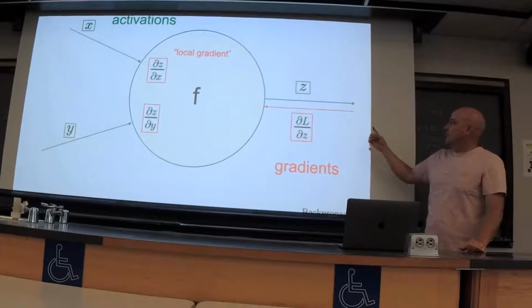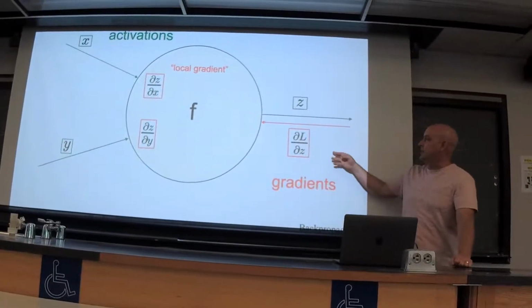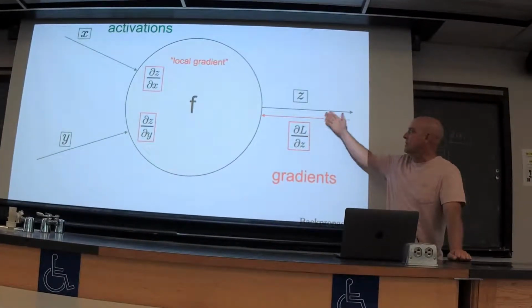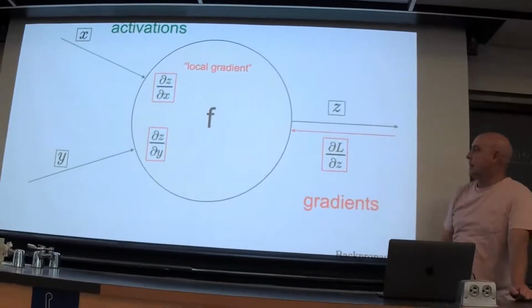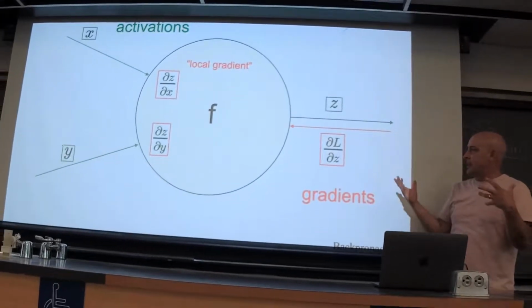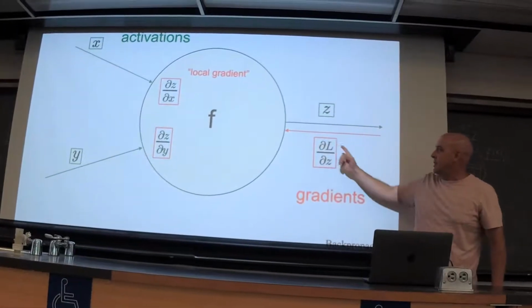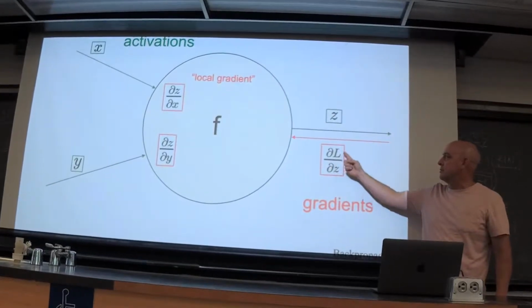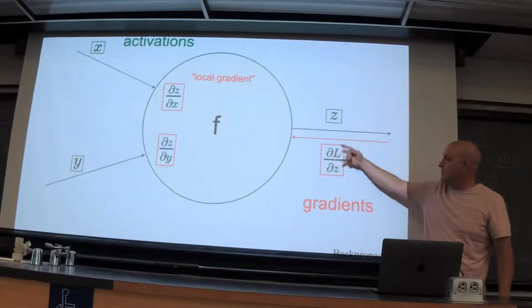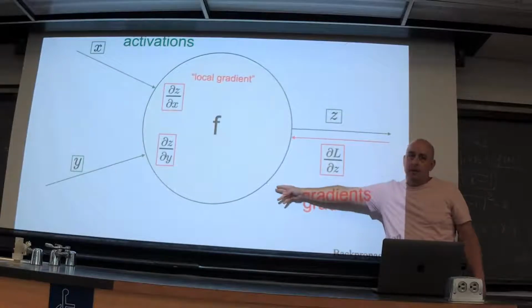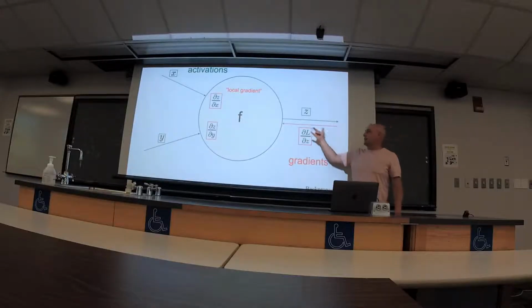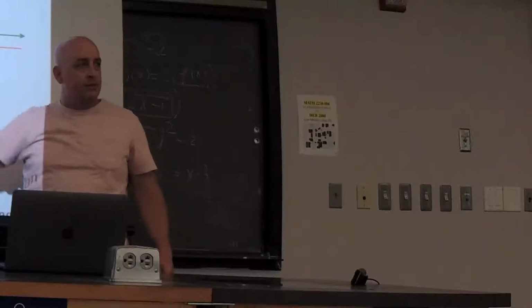So we're keeping track of the gradient of the loss with respect to these different operations. The way this algorithm works is that at this operation we already have an expression for the gradient of the loss with respect to the output of this operation. And now we want to propagate that back to these inputs x and y.